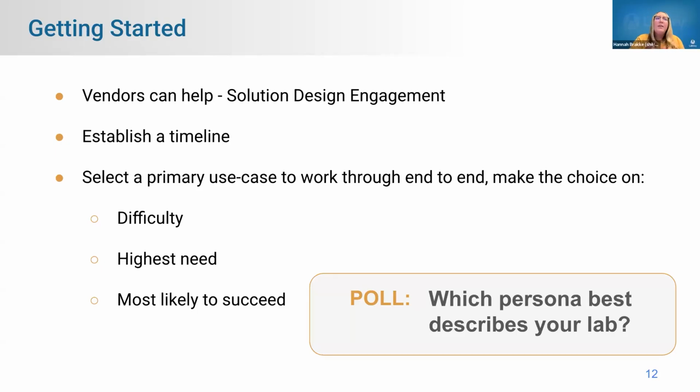And then the last sort of angle to look at this is what is the most likely to succeed, right? So sometimes people will go for the quick wins of we want to get people using our LIMS very quickly, and so we want to choose kind of the lowest hanging fruit to get people into the system, and we'll go ahead and build on that once we get it in.